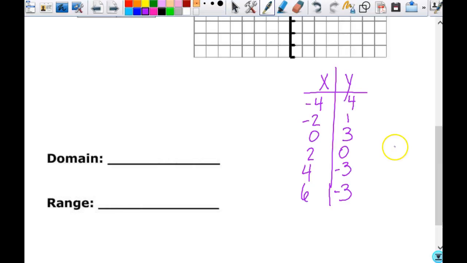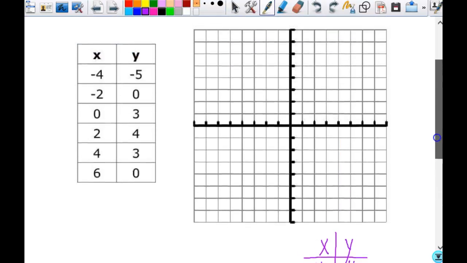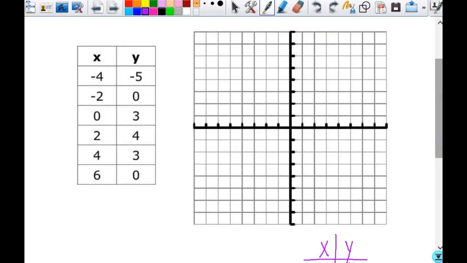So I'm going to scroll back up and graph mine. In the grand scheme of things it wouldn't matter, it's just that there's certain things happening with this graph to make sure that we understand what's going on.